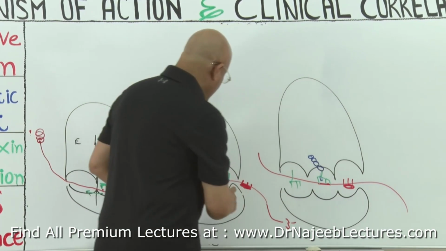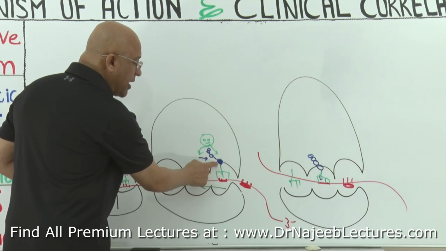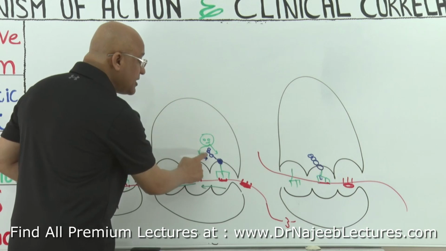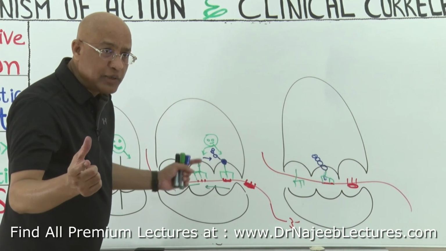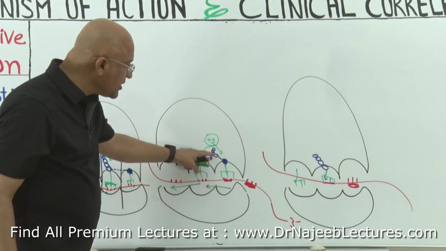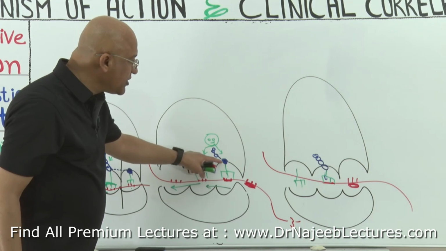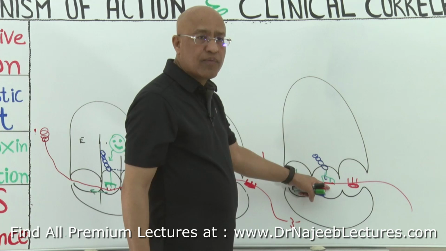And what was this? This was the A site, which has already received a short chain of amino acids due to transpeptidation. This transfer RNA, along with its newly acquired chain, will find itself in which area?